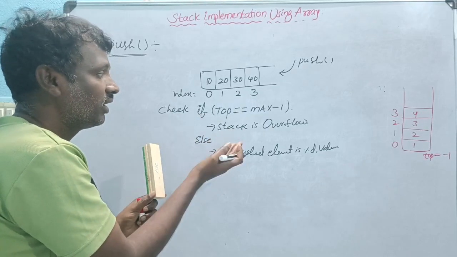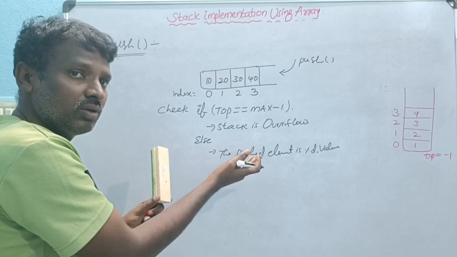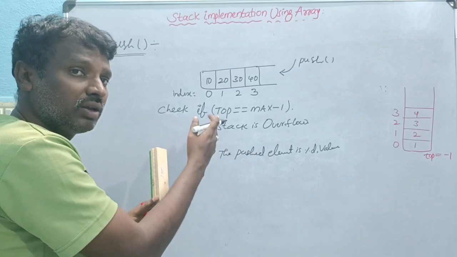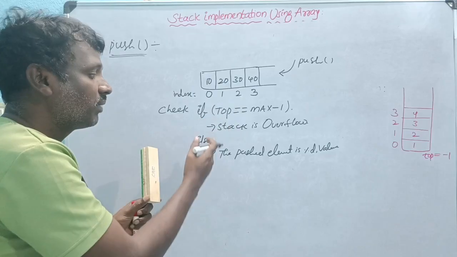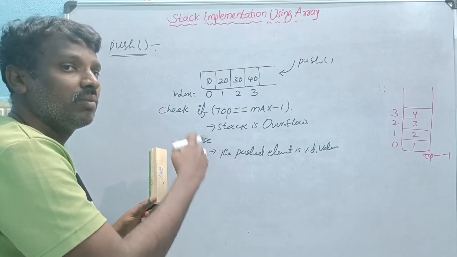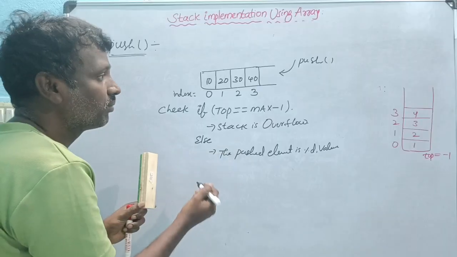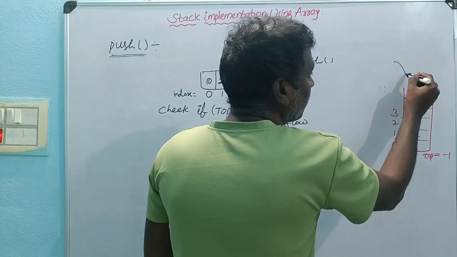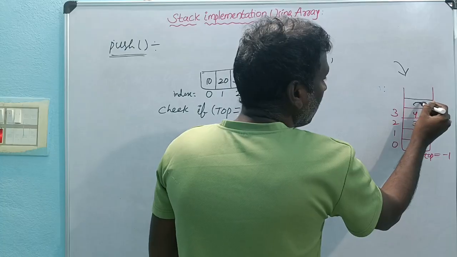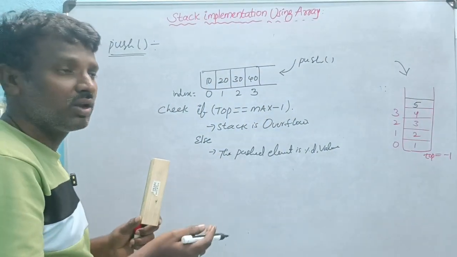Otherwise, if top is equal to max minus 1, it is already full. Else, in case the stack is not full, at that time you are pushing an element into our stack, and it is accepted. Space is there, so we push the element 5 and it is successfully completed.